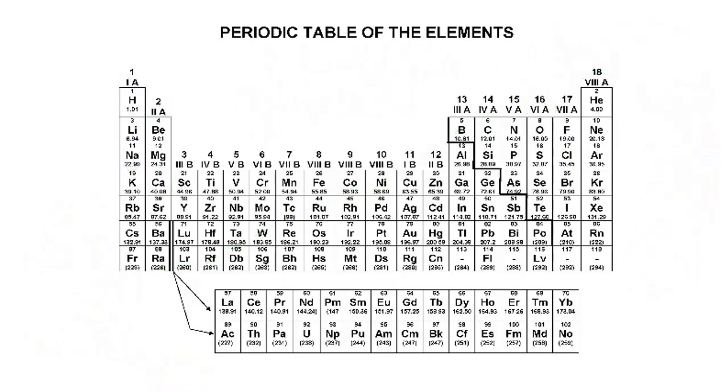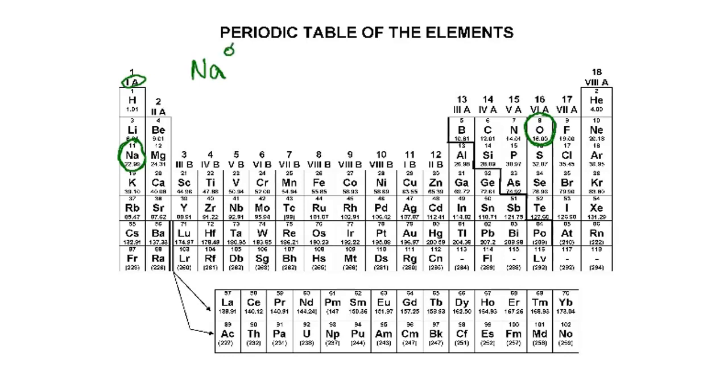Now let's look at something a little bit more involved. Let's look at sodium right here and oxygen right here. Okay, now sodium is in group 1A, so it has an extra electron.